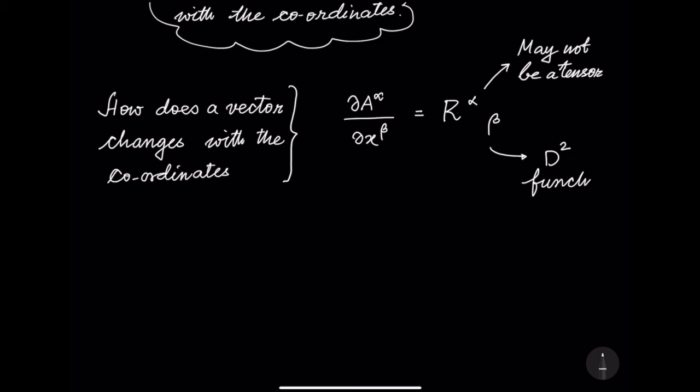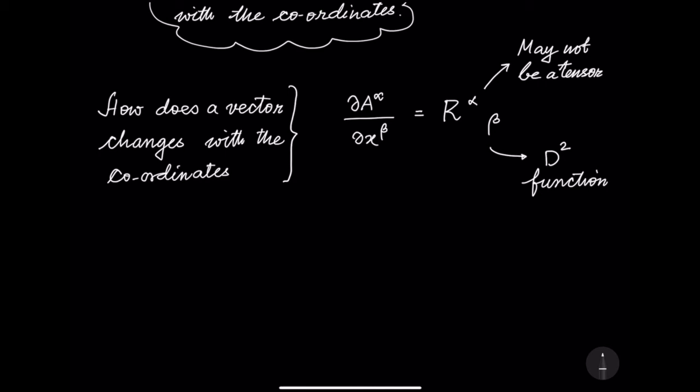Just like the vector was d functions, here it is d squared functions, because each function can be different: you took one particular component of the vector and then the change of that in one particular direction of the coordinate.